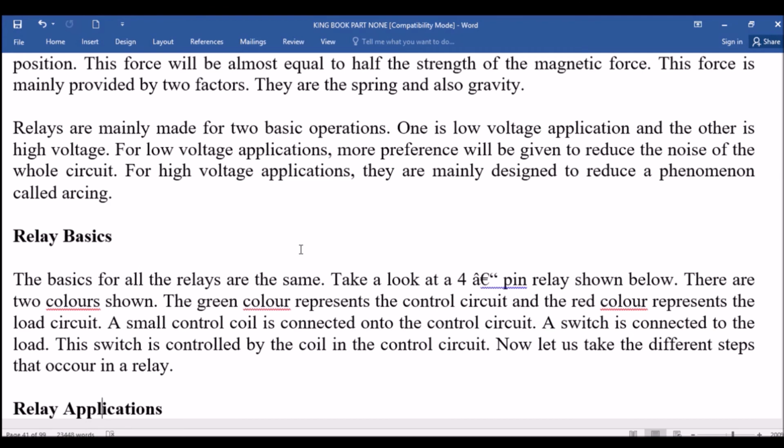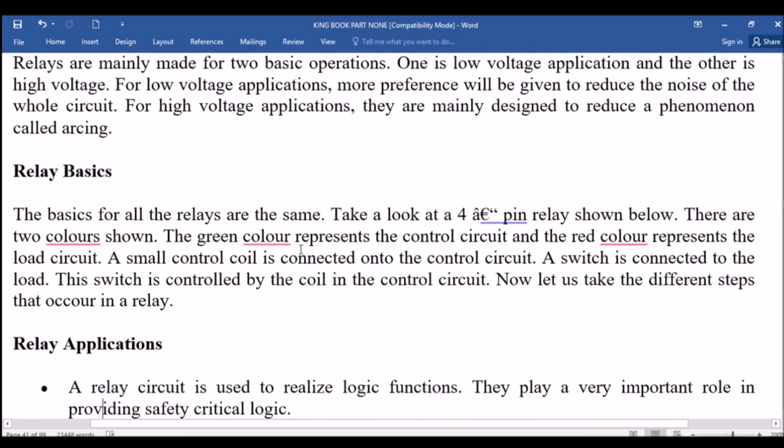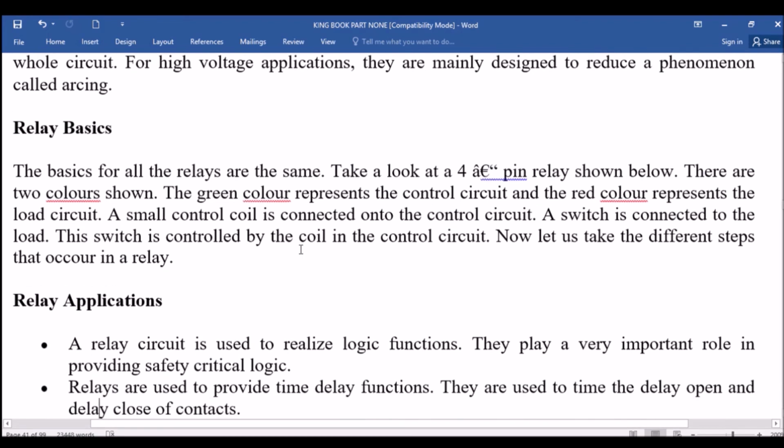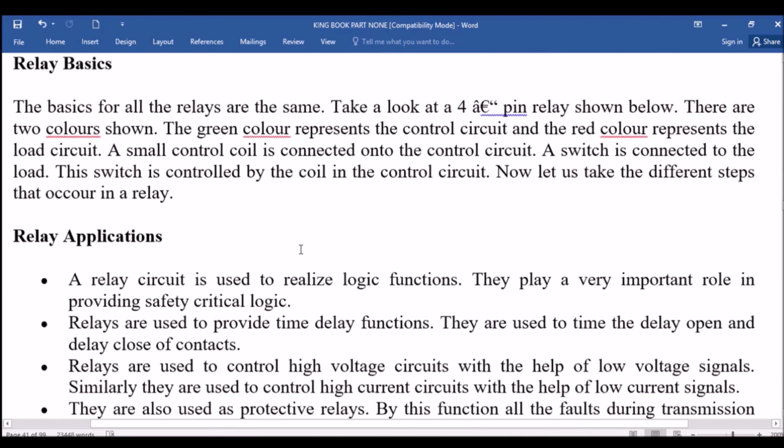For higher voltage applications, they are mainly designed to reduce a phenomenon called arcing. So, we were looking at how a relay will work while we apply that small amount of current.